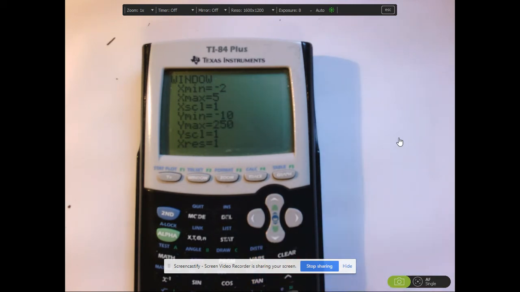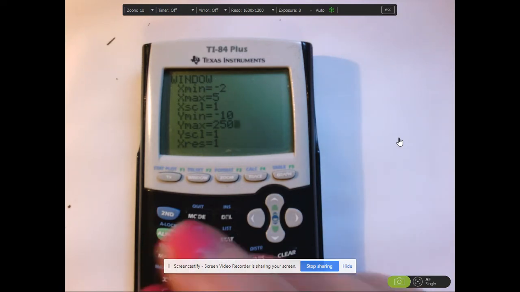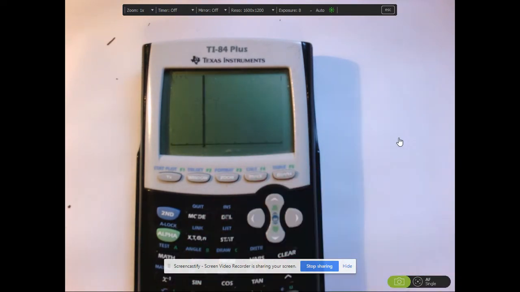You can use the y-intercept in your equation to help you figure out what your y max would be. You know it has to be higher than that c value of your equation. So I hit graph. You can see this is what the equation looks like.